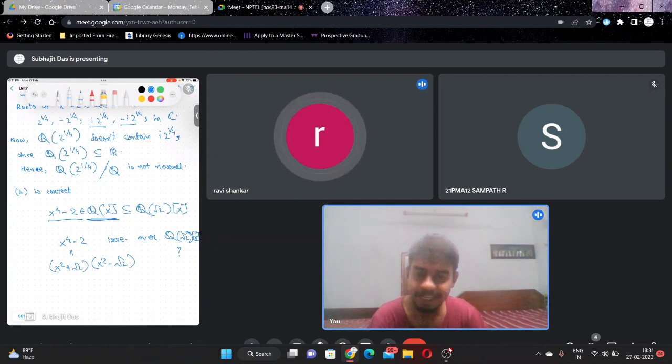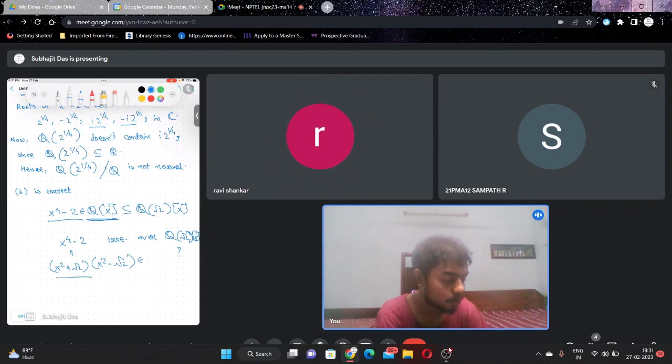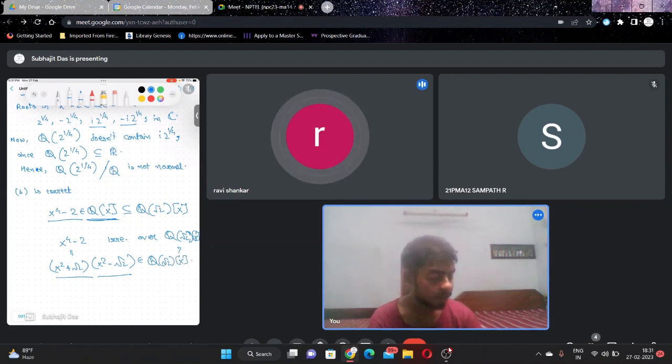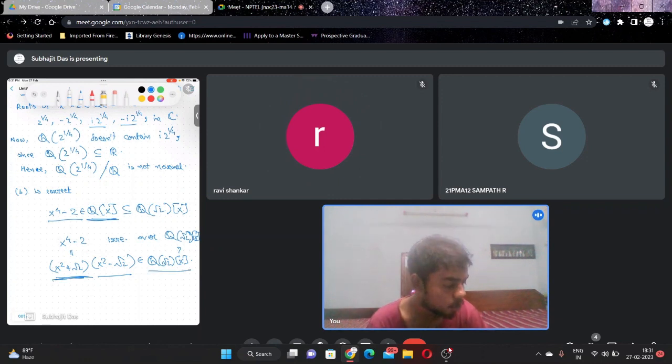Root 2 is an element of Q(root 2), so this decomposition into factors is valid in Q(root 2)[x], right? So certainly this polynomial breaks into two factors, which means that this polynomial can't be irreducible over Q(root 2). It's reducible.